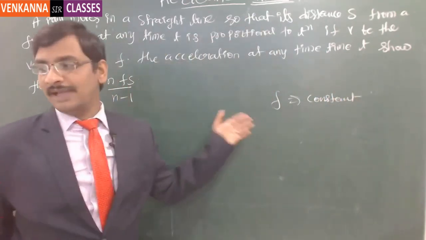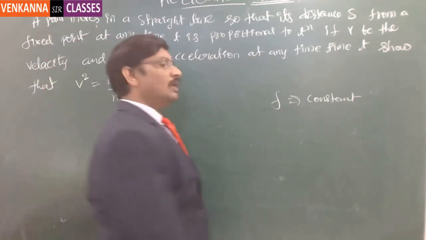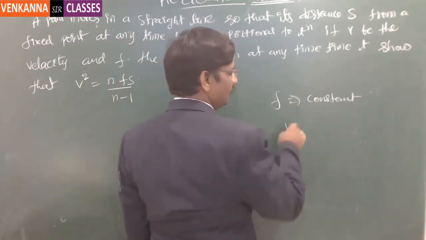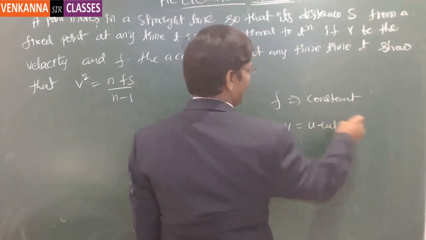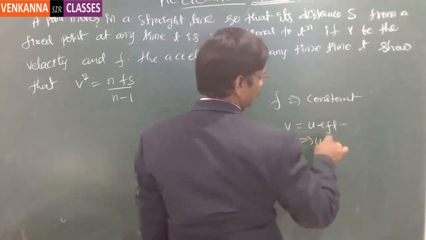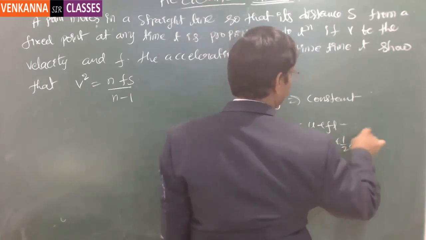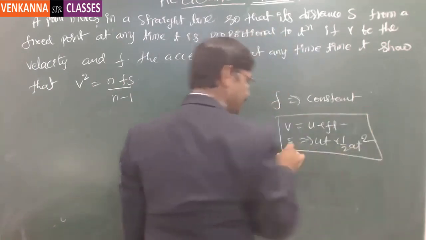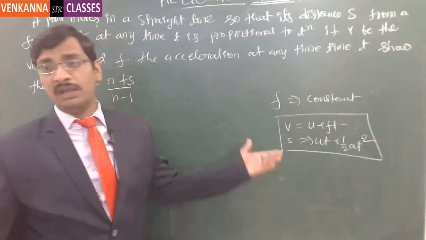If the acceleration is constant, then we have derived the formulas v is equal to u plus at and s is equal to ut plus half at square. These are with an assumption that f is constant, but it may or may not be.